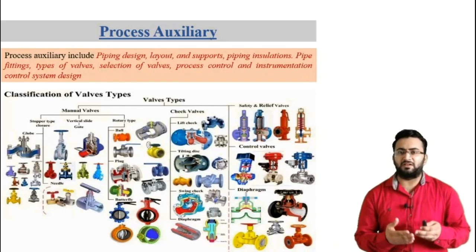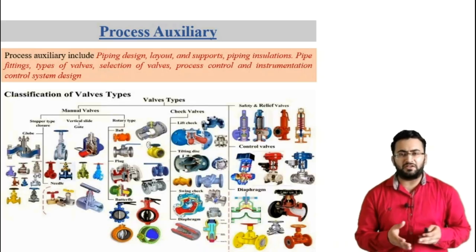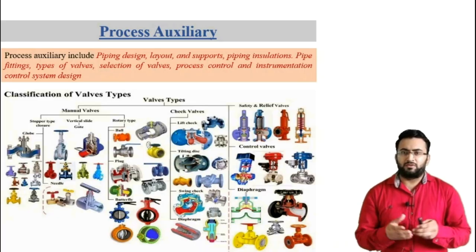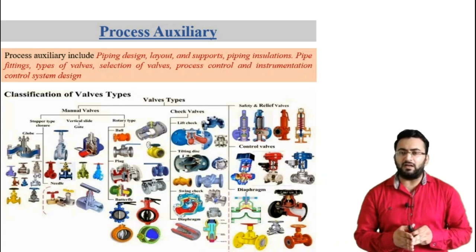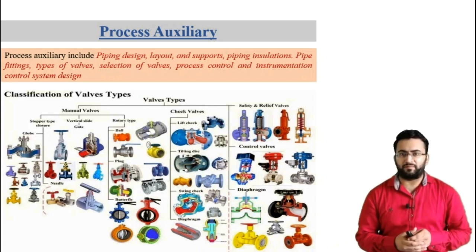For example, let's take check valve. Check valve is only used for unidirectional flow, whereas diaphragm valve is mostly used for corrosive material. So selection criteria of valve and various types of valve are considered in process auxiliary.